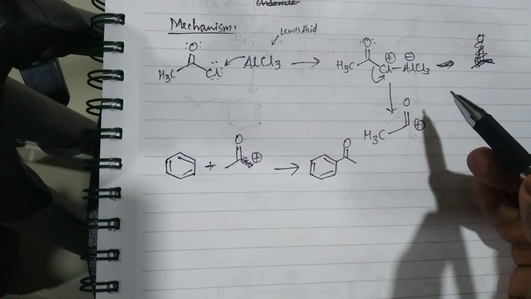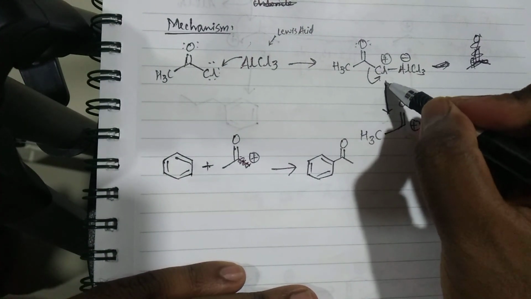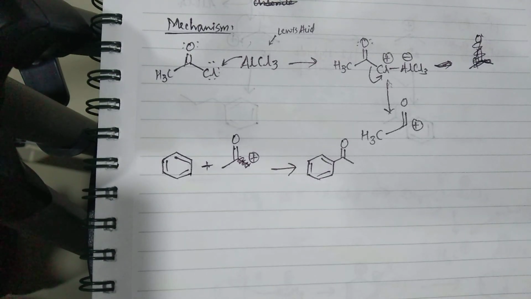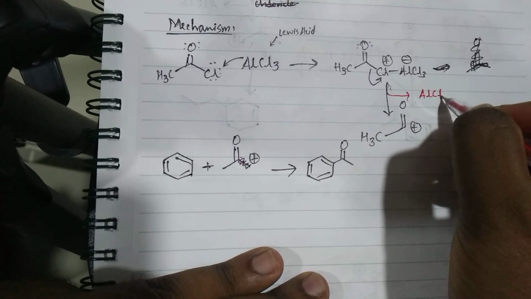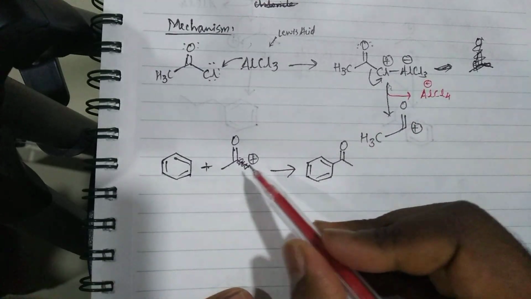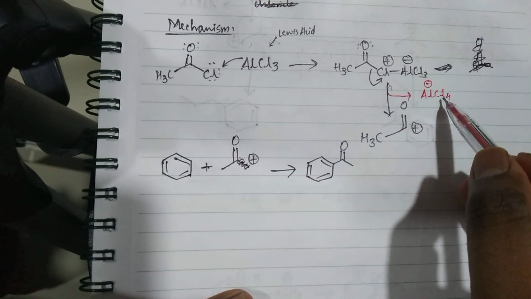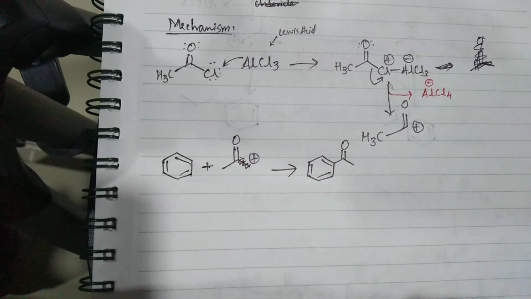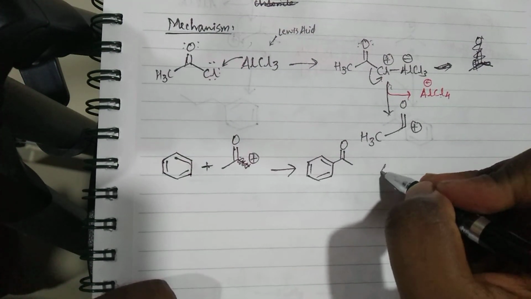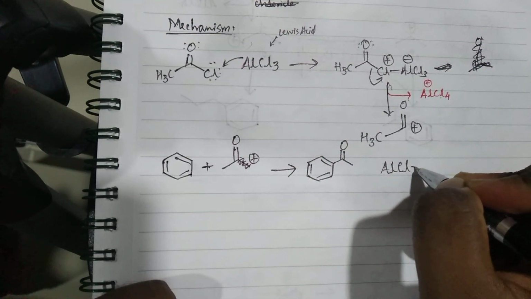As you can see, the byproduct of this reaction, I'll just write it in a different color, will be AlCl4 minus. And the hydrogen removed from this benzene will be picked up by one of the chlorines here. So if one chlorine leaves from here, you have AlCl3 again in the reaction mixture.